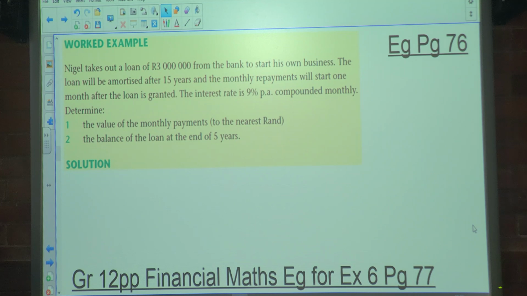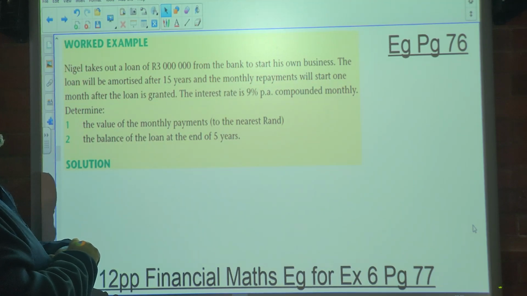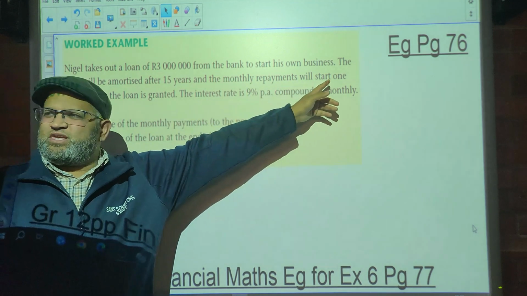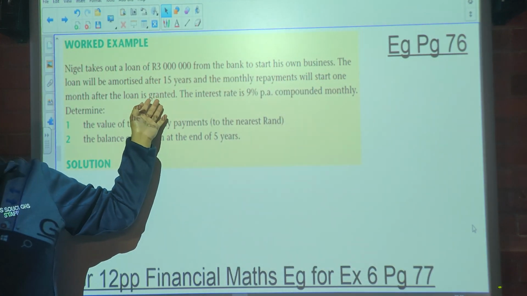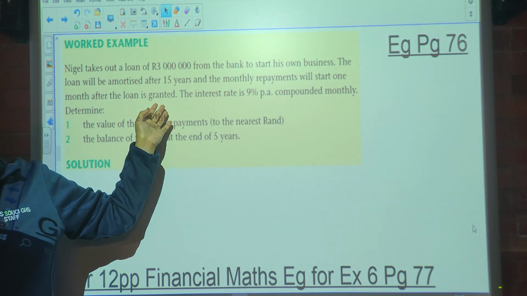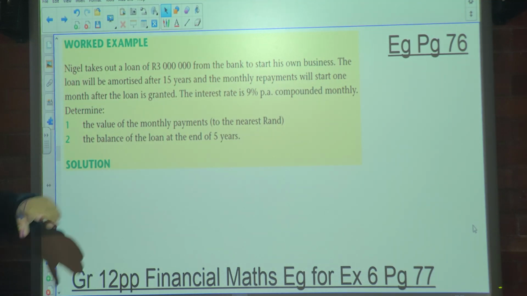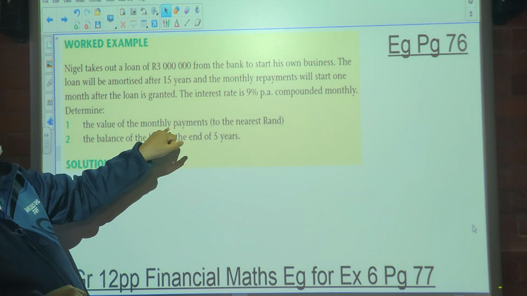The loan will be amortized, which means to pay the loan in full in 15 years, and the monthly repayment would start 1 month after the loan is granted, which now conforms to the formula. The interest rate is 9% compounded monthly. Determine the monthly payment to the nearest rand.